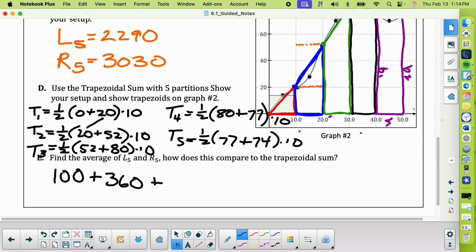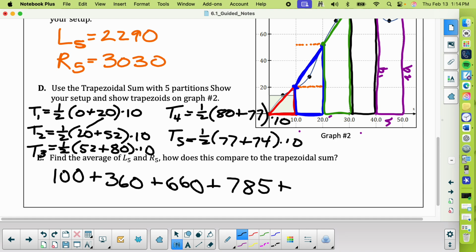Third trapezoid, the average of 52 and 80. 66. 132, yeah, 66, so 660. Fourth trapezoid, 78.5, so 785.